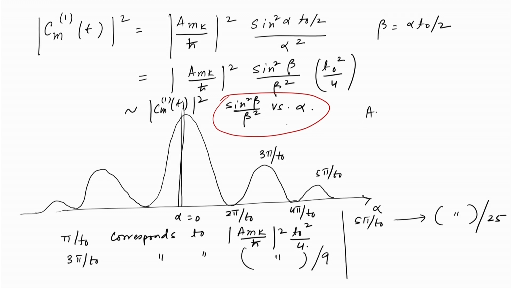Area under the curve, transition probability.